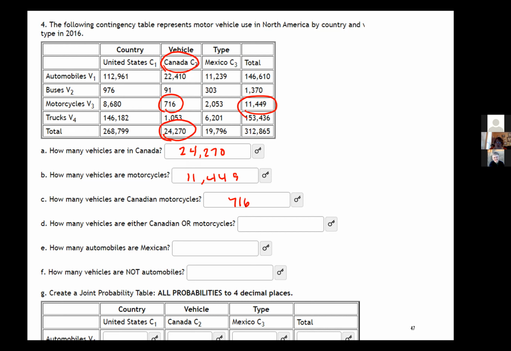Then it asks you how many vehicles are either Canadian or motorcycles. So you have to use a formula for this.